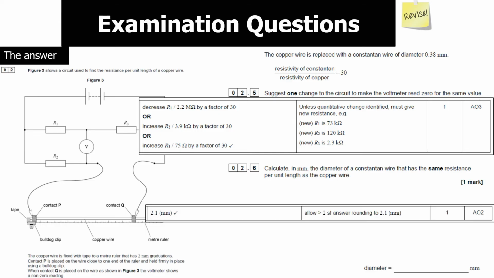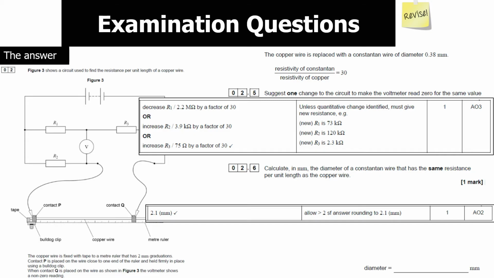Now the next one, the answer is 2.1 millimeters. How can you work this through? Well, you know that resistivity is equal to RA over L. In terms of resistivity, let's say it's 30 times greater, so you can pop that in like that.